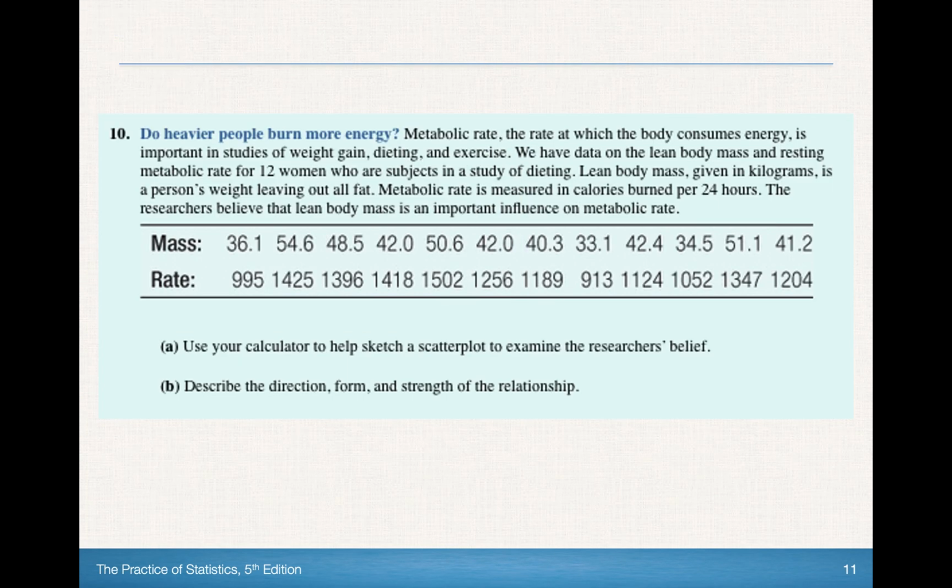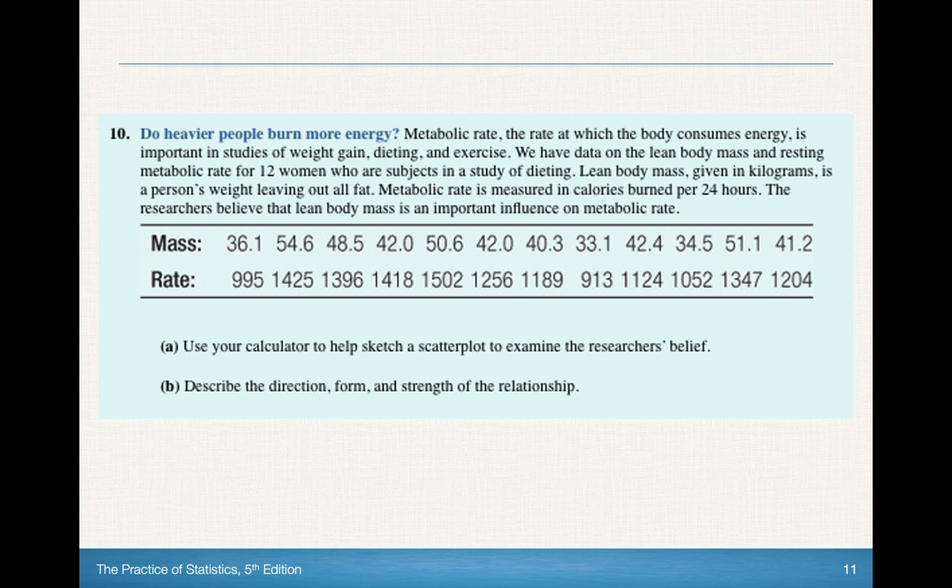So here is a problem that requires you to make a scatter plot on your calculator. We're talking about the metabolic rate, which is the rate at which the body consumes energy, and is important in studies of weight gain, dieting, and exercise. We have data on the lean body mass and resting metabolic rate for 12 women who are subjects in a study of dieting.